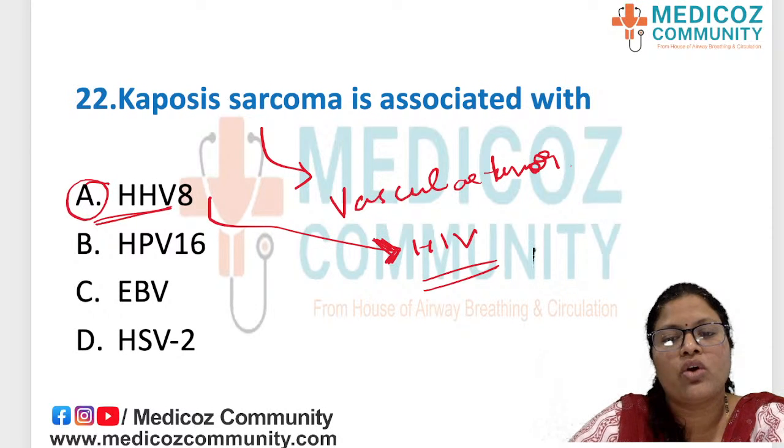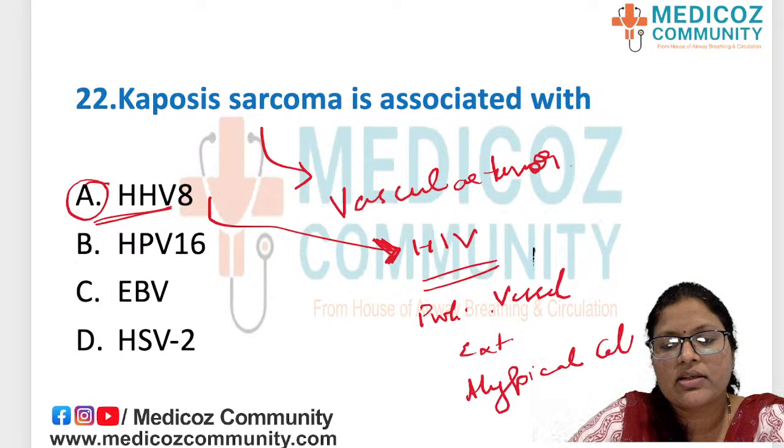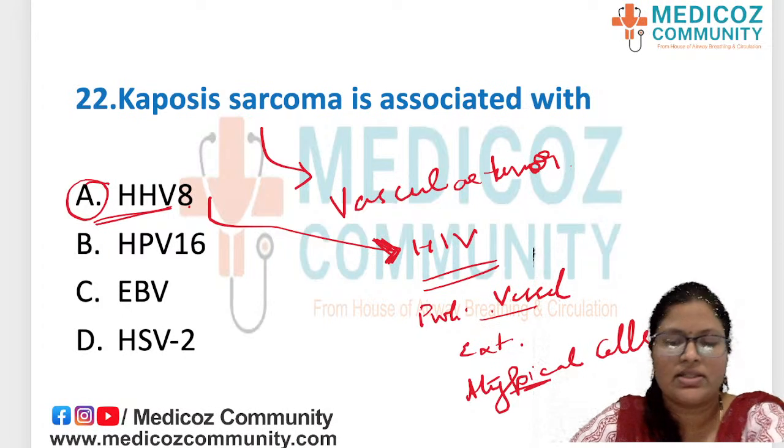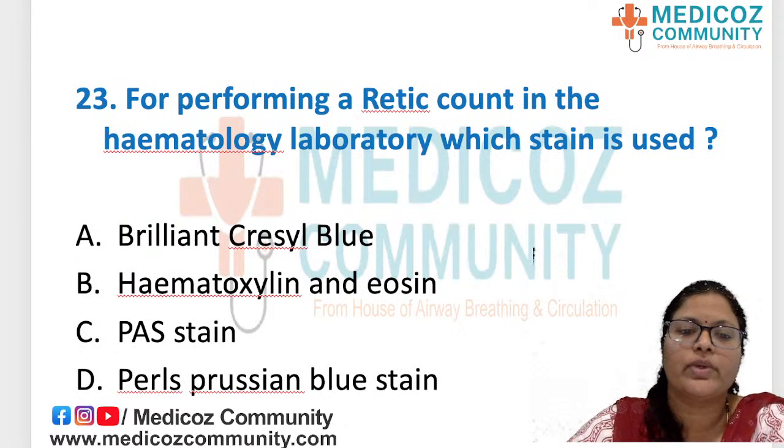You see a lot of proliferating vessels, extravasated RBCs with significant atypical cells. Okay, so this is associated with HHV 8, Kaposi sarcoma. Moving on to the next question.